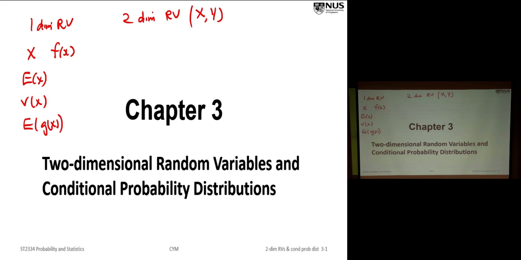So each individual will give you 2 characteristics, weight and height. Then it's represented together. Now it's a 2-dimension function, involving x and y.